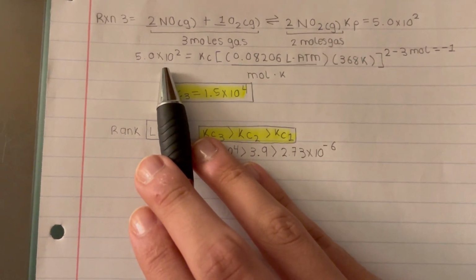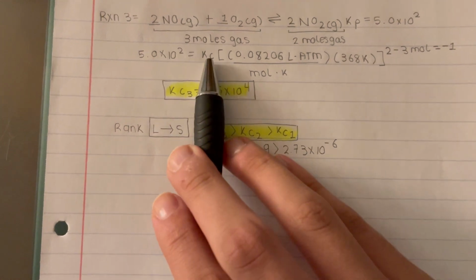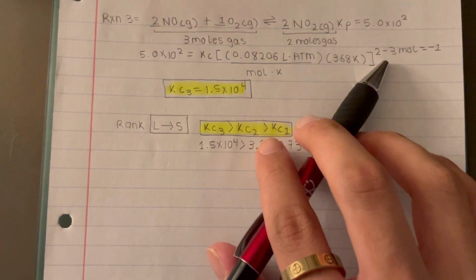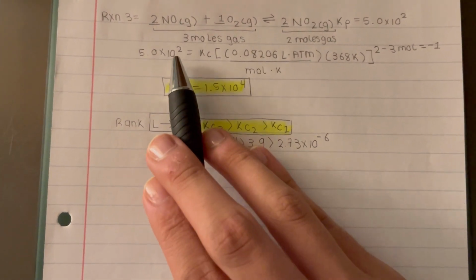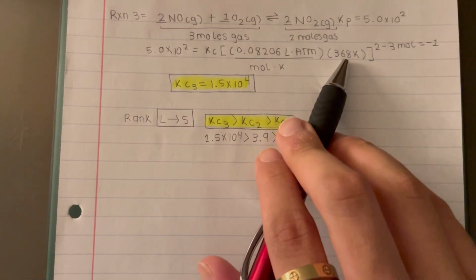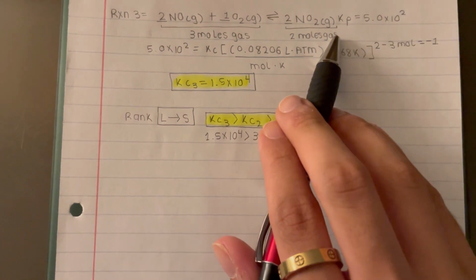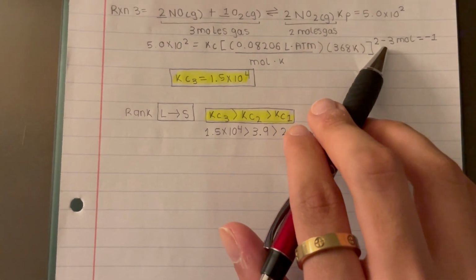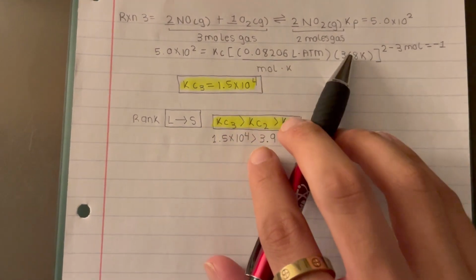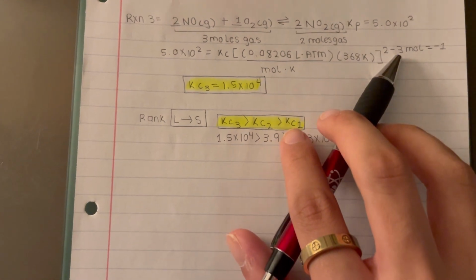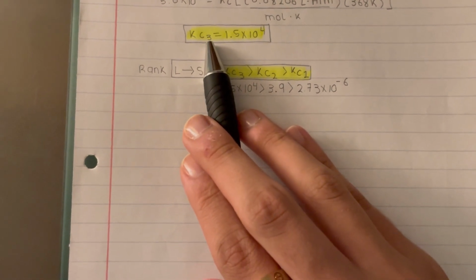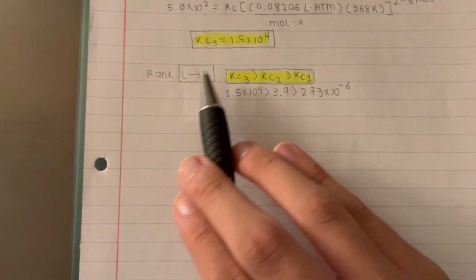We're going to put everything into the formula again, which is going to be Kp equals Kc times the gas constant times the temperature raised to the change in moles, which is 5.0 times 10 to the 2 equals Kc, what we're trying to find, times the gas constant times the temperature that we found earlier, raised to 2 moles of gas, which is the products, minus the reactants, which is 3 moles, and that's going to give us negative 1. After we multiply these two values together, and we raise it to the negative 1 and divide by it to isolate Kc, we're going to find the Kc for the third reaction is 1.5 times 10 to the 4th.